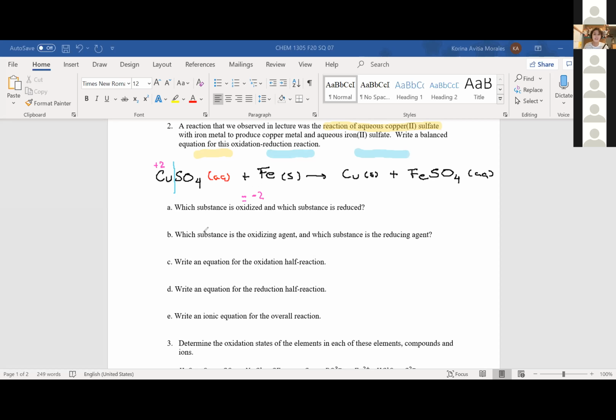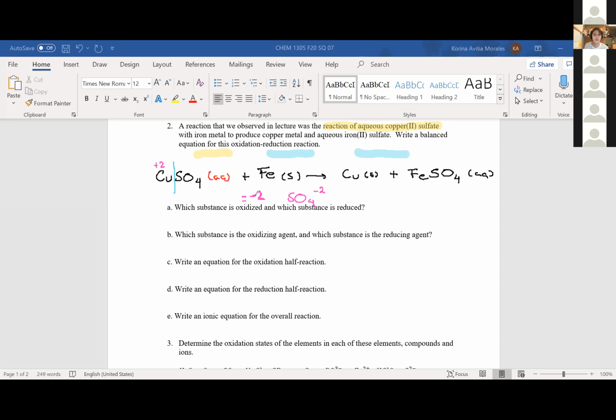All right. So what you need to know about polyatomic ions is that the sum of the oxidation numbers in a polyatomic ion, like for example sulfate, is equal to the charge of that polyatomic ion. So the sum of the oxidation states is going to be equal to -2.